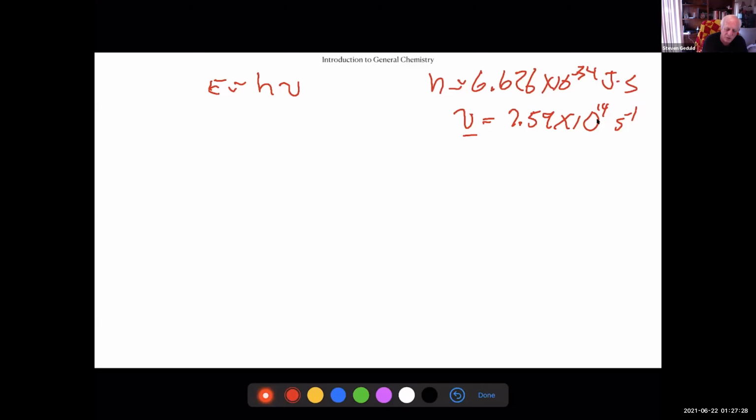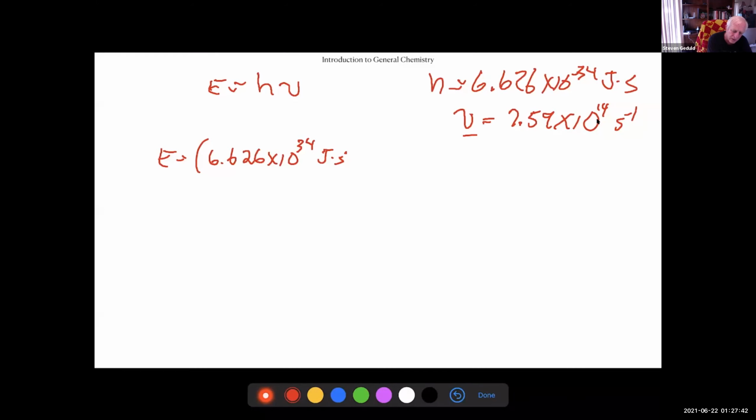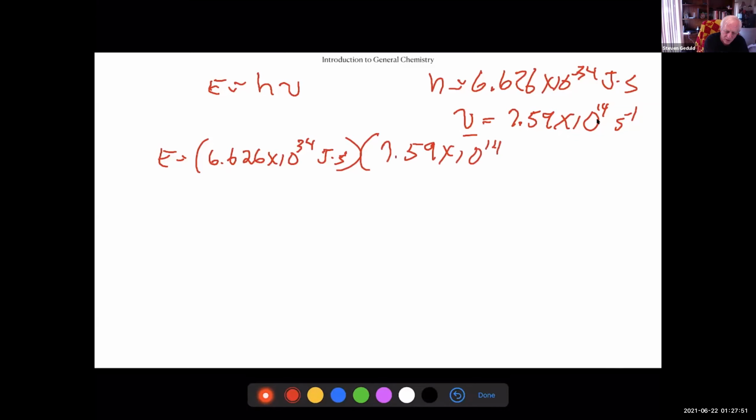7.59 times 10 to the 14 is your frequency. So energy is equal to h, which is 6.626 times 10 to the minus 34 joule seconds, times 7.59 times 10 to the 14th per second.